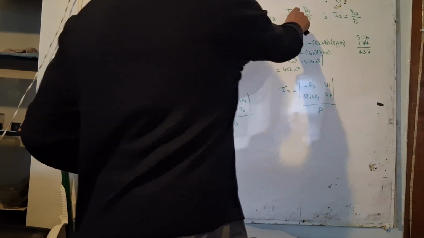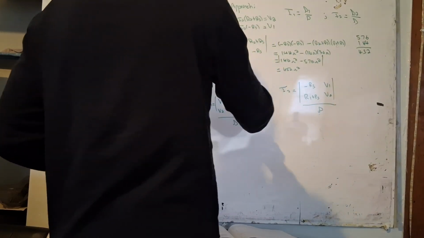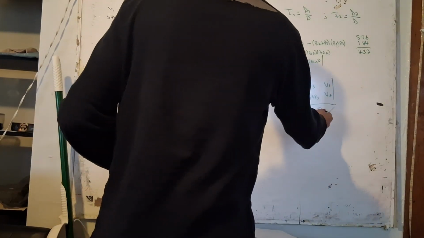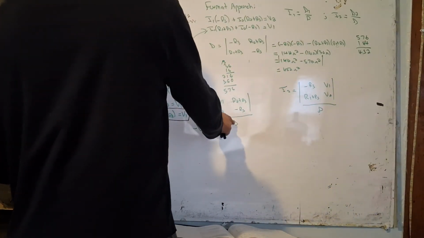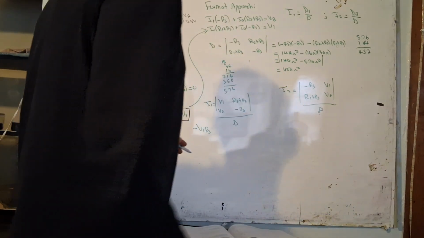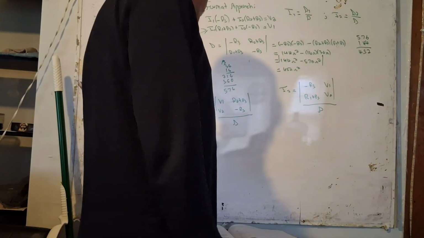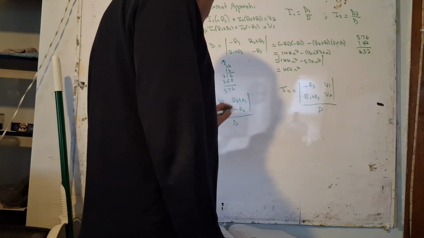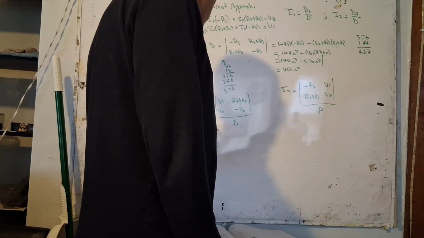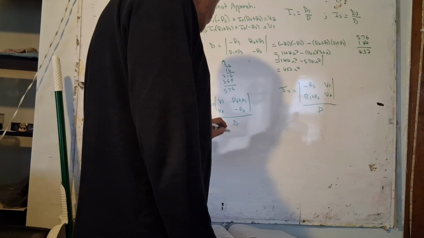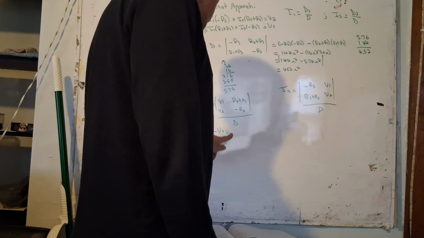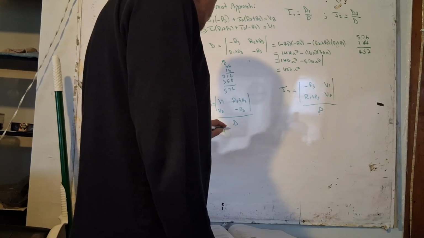I2, remember it's D1 divided by D, D2 divided by D. So we get V1, negative V1 R3 minus, and I won't distribute it, V2 times R2 plus R3.